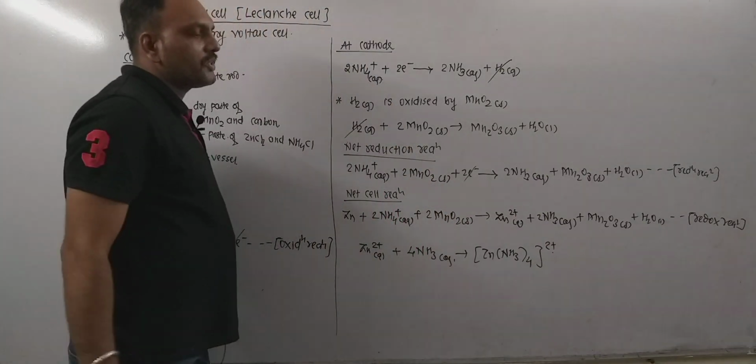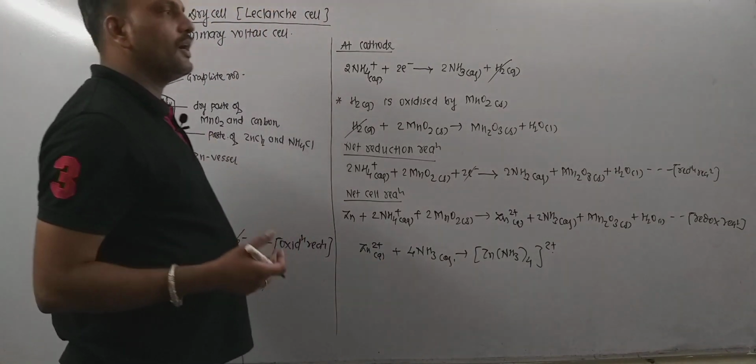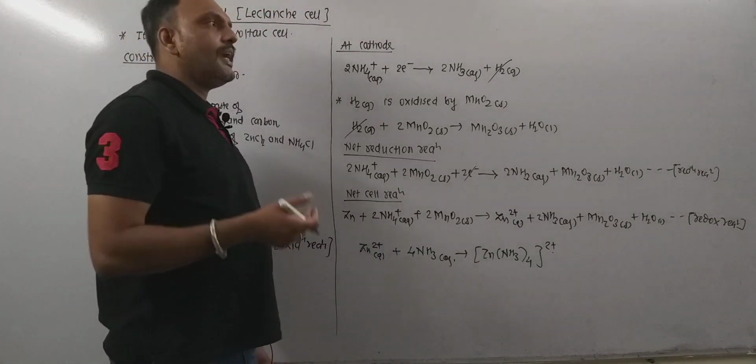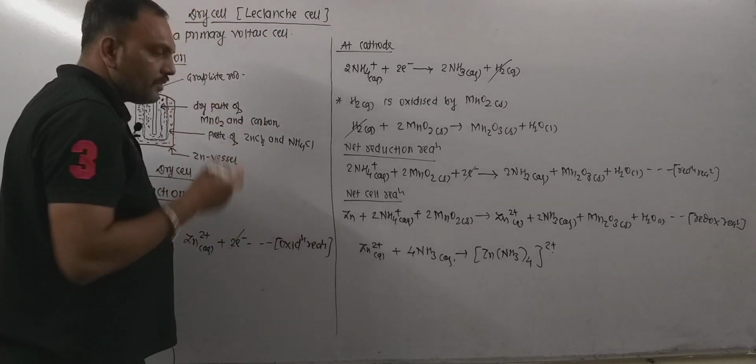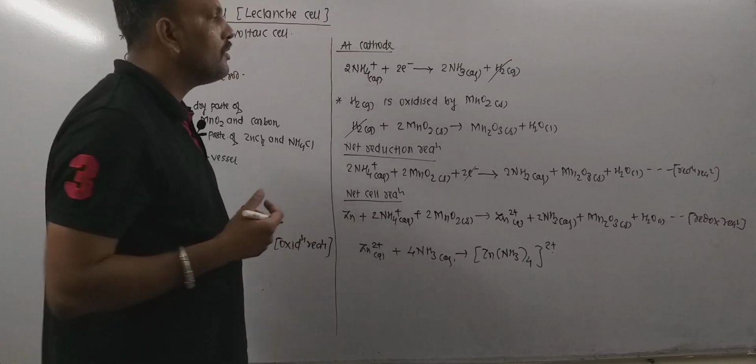This complex happens to be soluble, and in this manner the cell works. And remember, the net potential of this cell recorded was 1.5 volt.